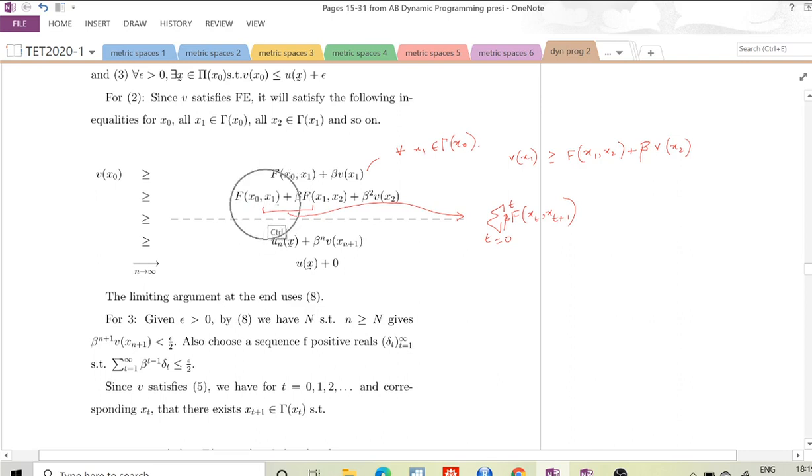Then we get beta to the 1 times f of x1 x2, and so forth. Do it for n steps.